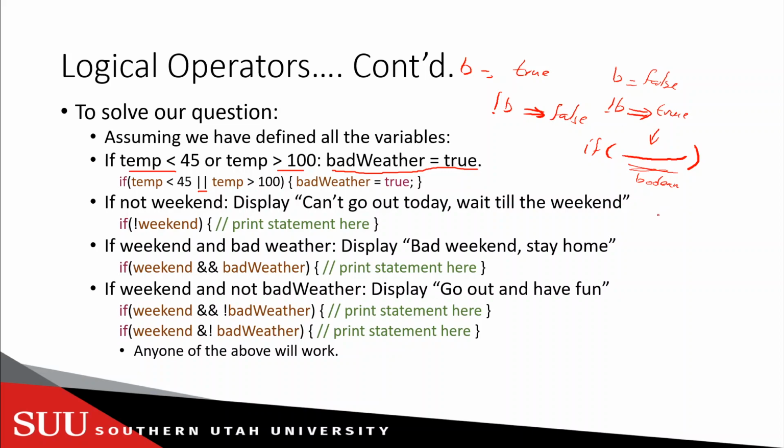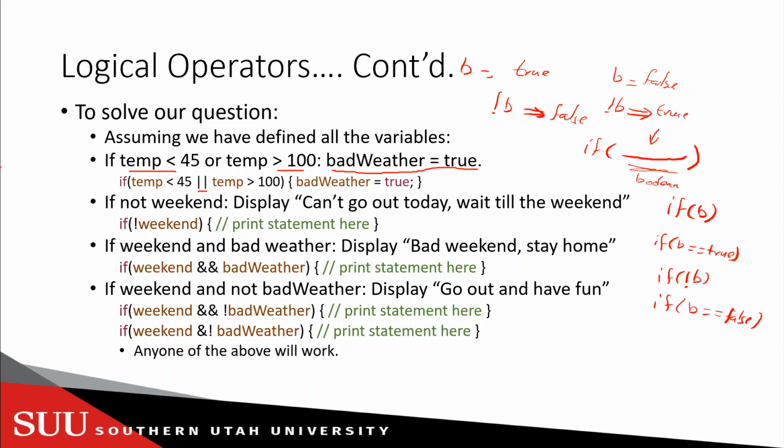So if my Boolean is called B, I can safely say if B. This means if B is true. This is exactly like saying if B equal true. On the other hand, if I say if not B, this is exactly the same as if I say if B equal false.